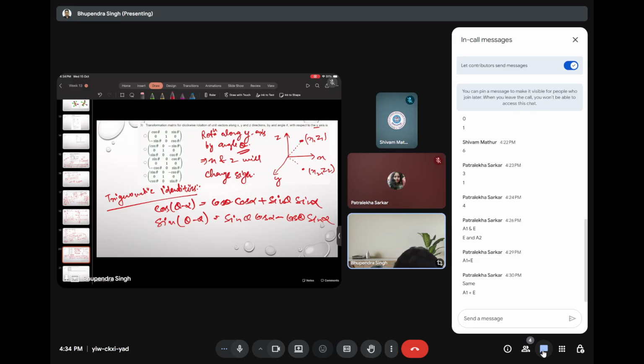After the rotation, let's say this is your theta total and this is alpha. This will be theta minus alpha. These are the coordinates after the rotation along the y-axis by angle theta.